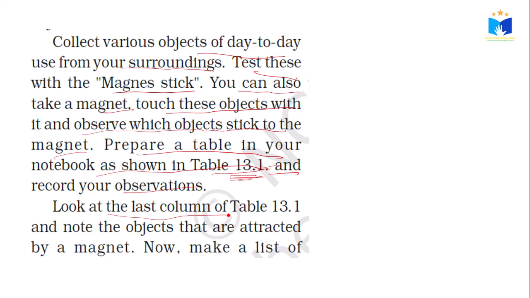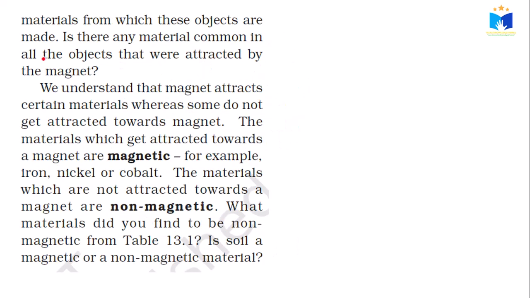Look at the last column of Table 13.1 and note the objects that are attracted by the magnet. Now make a list of materials from which these objects are made. Is there any material common in all the objects that were attracted by the magnet?